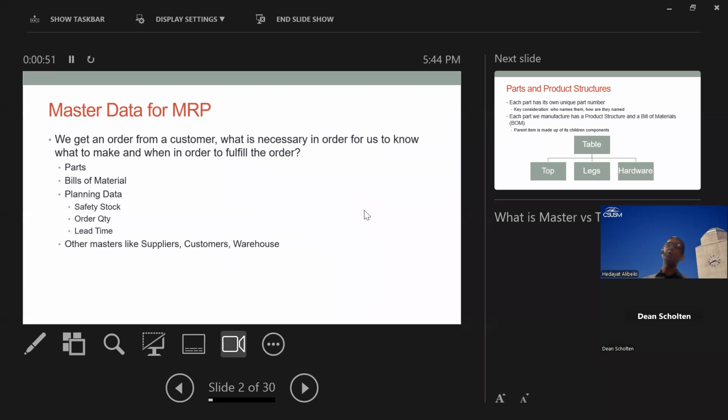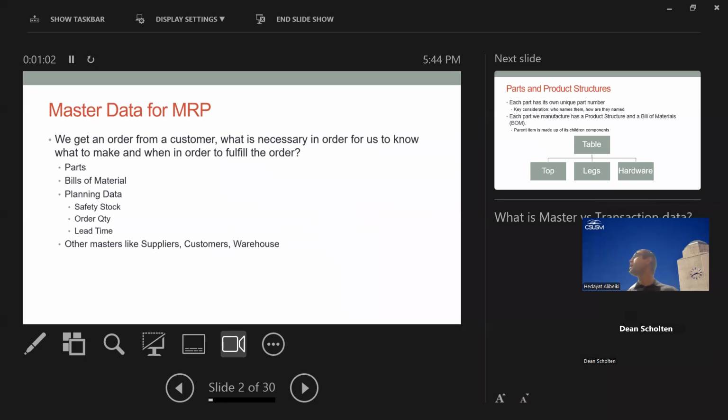MRP actually does 2 things, primary planning and secondary planning. Primary planning, for those items with independent demand, tells us exactly when we should release the order, and when and how much, right?